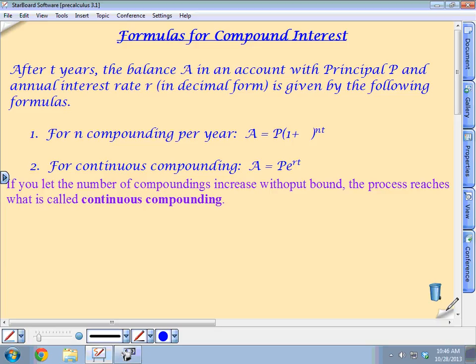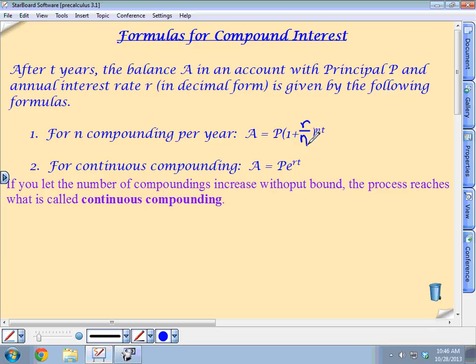And you need to memorize these two formulas. So after 10 years, the balance A in an account with principal P and annual interest rate r in decimal form is given by the following formulas.